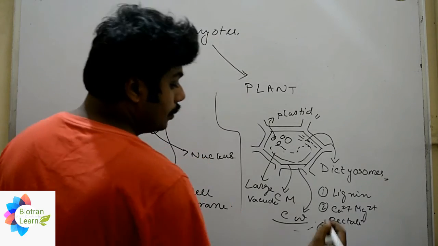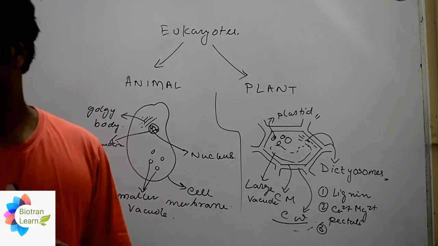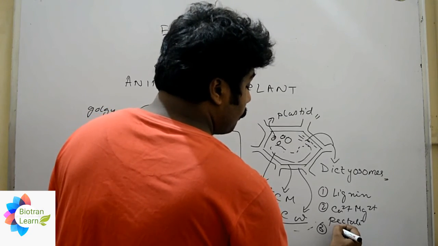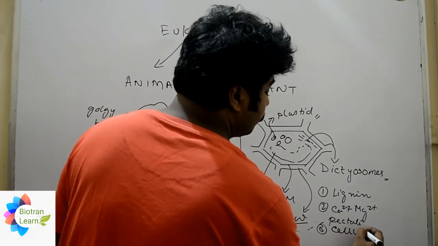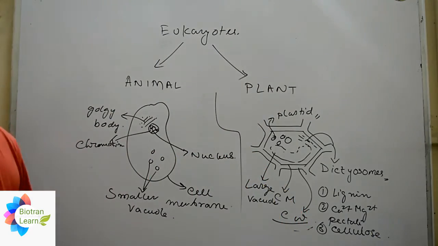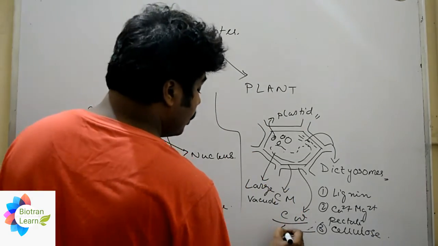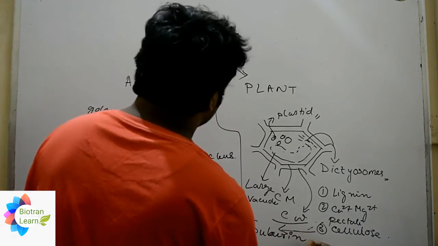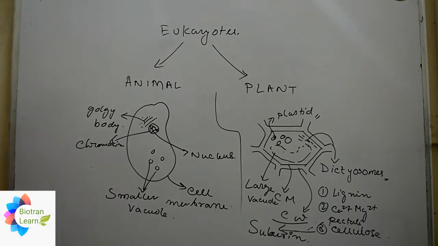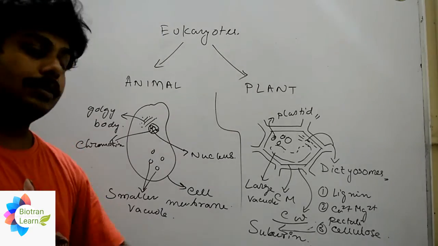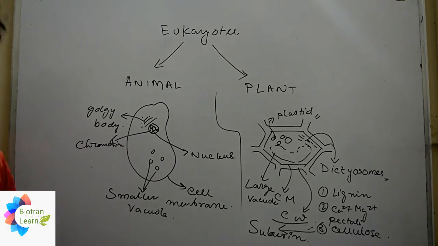And number three, cellulose. And there are certain things like suberin. So these will be the most distinct differentiation between plant cells and animal cells, right?